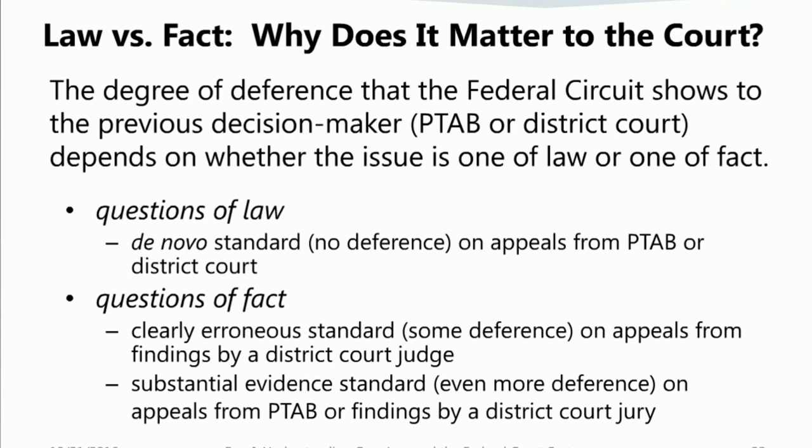If the factual question was decided by the PTAB, the Federal Circuit is required to give even more deference, and the decision is reviewed under the substantial evidence standard. Substantial evidence means that a reasonable person can accept the evidence as adequate to support the factual finding. The Federal Circuit must defer to the PTAB's factual decision as long as it is supported by substantial evidence.